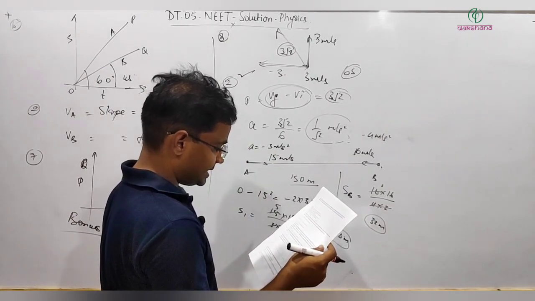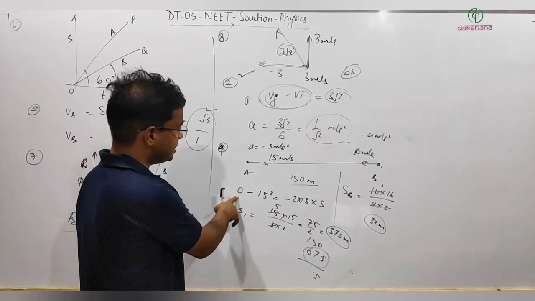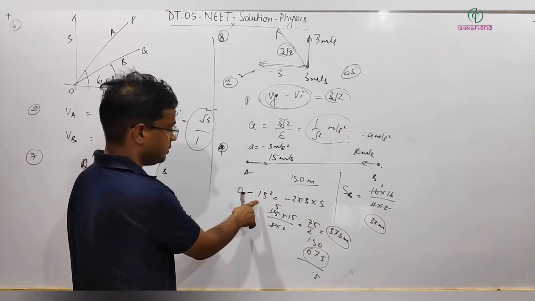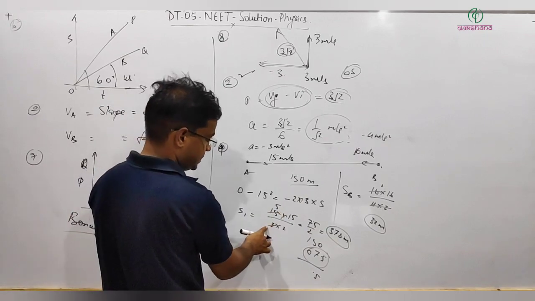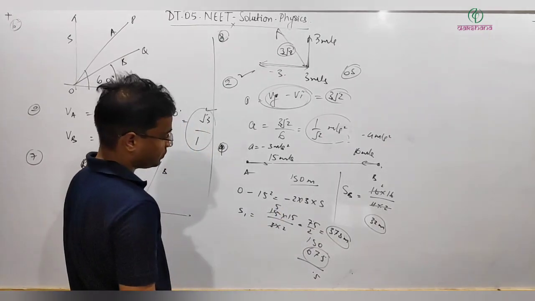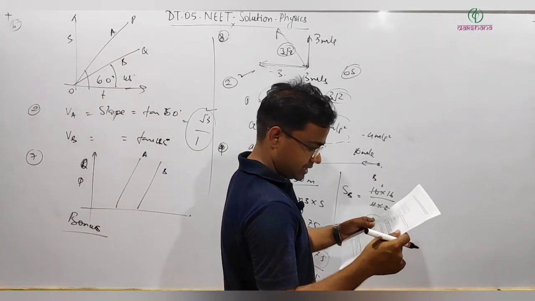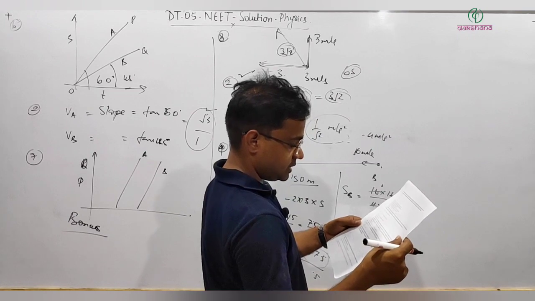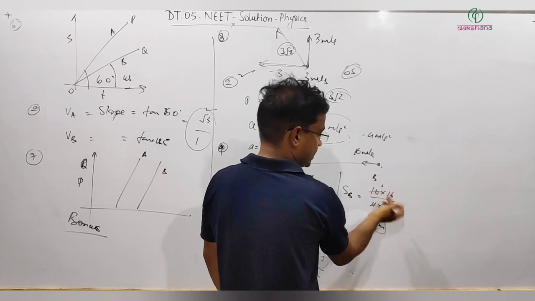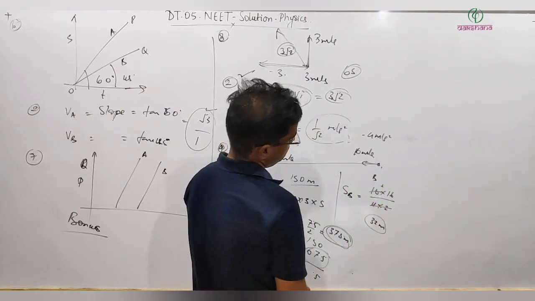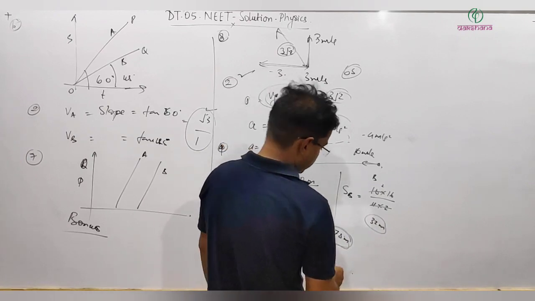Let me just check the calculation part properly. The final velocity is becoming 0, so v square minus u square is equal to 2as, that we are applying, and this gives 37.5. Here the initial velocity is given as 16 meter per second, and the acceleration applies until they stop. So v square minus u square again, 16 into 16 divided by 2a, which is 4 times 2, and 32, that's correct actually.